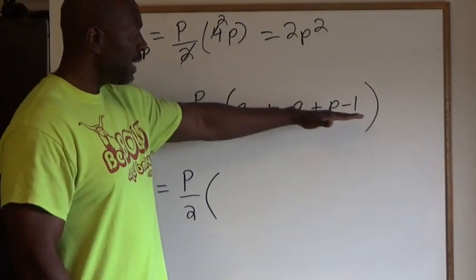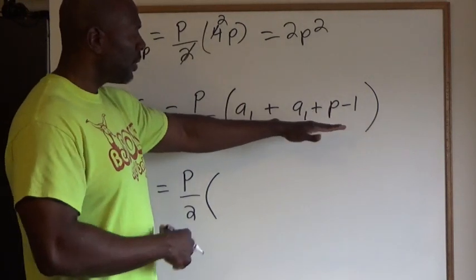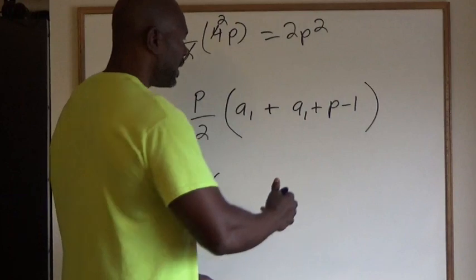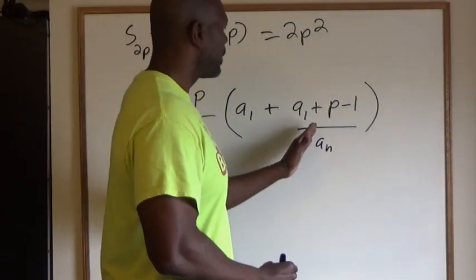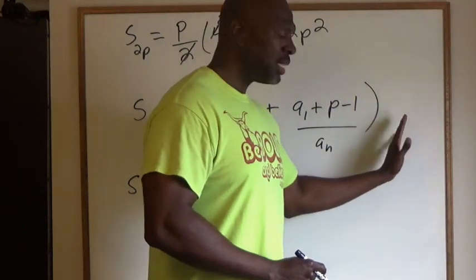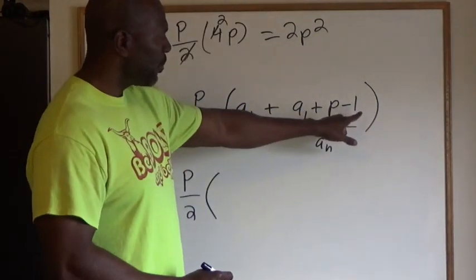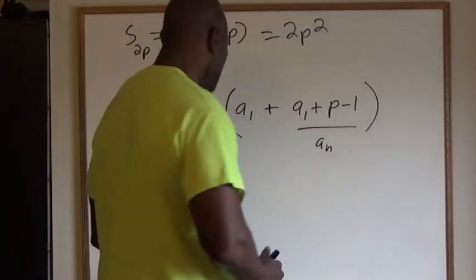Now, A1 of the next partition is just one more than your AN. This is my AN. So the A1 of the next partition is simply this number plus 1. And so if you add 1 to this, it's going to knock the minus 1 off, and it's just going to be A1 plus p.